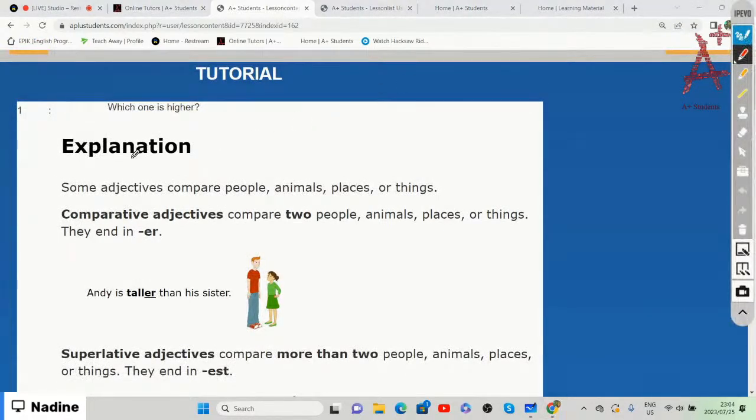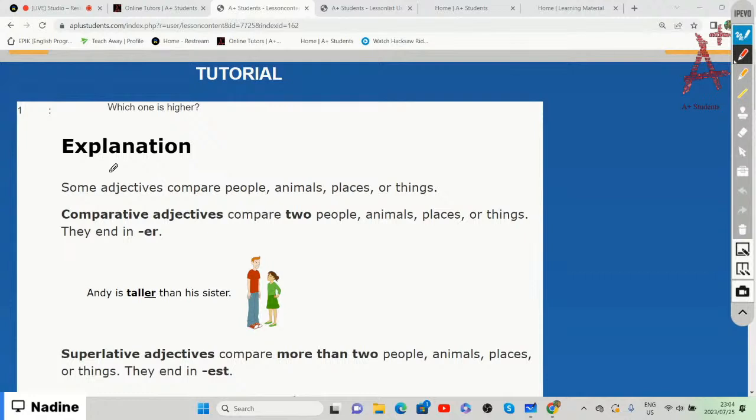Some adjectives compare people, animals, places, or things. Then we have comparative adjectives and superlative adjectives.